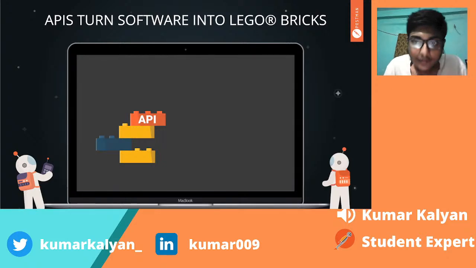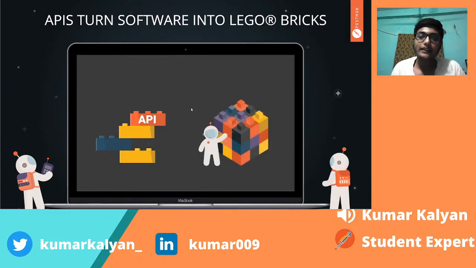Now let's get back to our childhood days, right? All of us have played with Lego bricks in our childhood days. Using these blocks we can build anything. I remember that when I was a kid, I used to build spaceships, buildings, or cars.